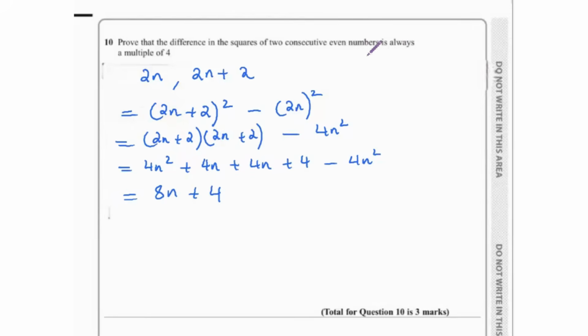They're saying that the result is always a multiple of 4. So if you take 4 common, we have 2n plus 1 in the bracket. So whatever happens in the bracket, it's always going to get multiplied by 4, which means it is a multiple of 4. If we weren't able to take 4 common, that means it is not a multiple of 4.